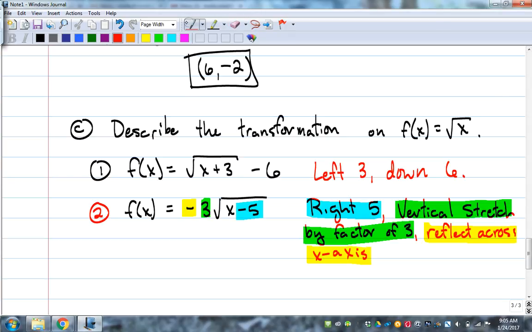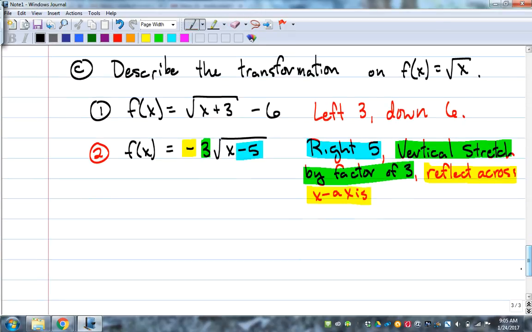Let's look at another problem with this one. Same function, starting with the square root function. What did they do to it if you had this problem? -x plus 7, then a -16 on the outside.